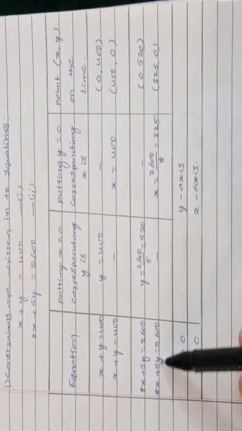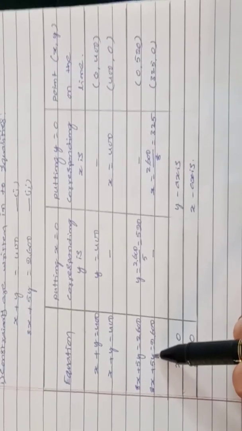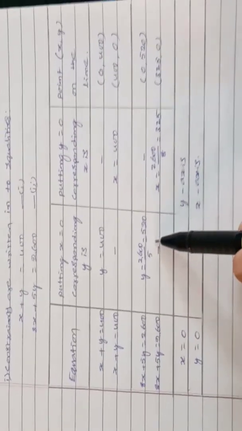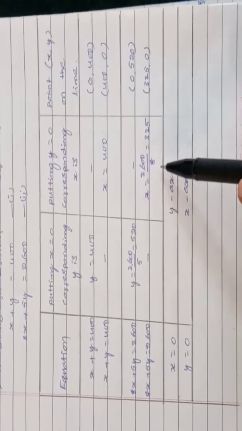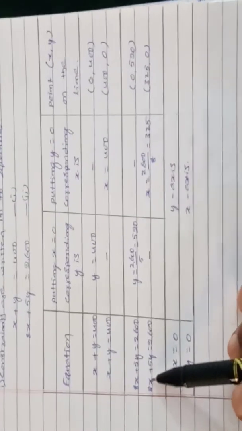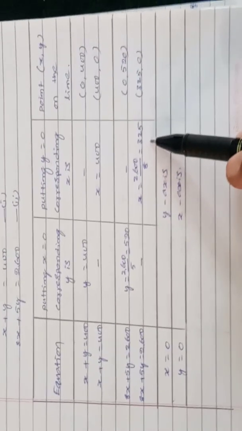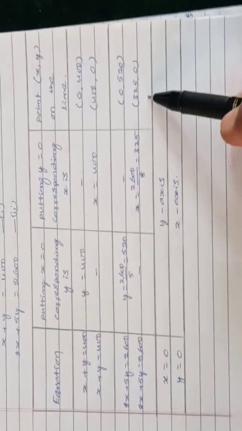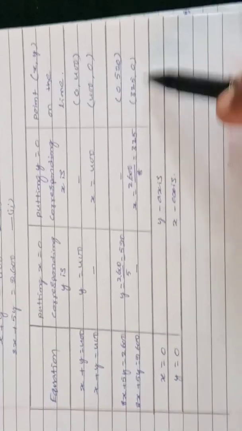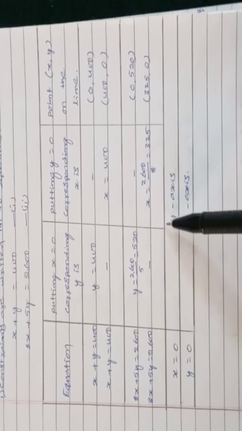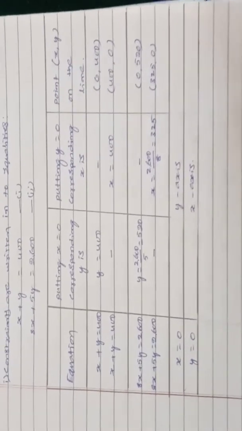Next, in the same equation, where y is 0, x equal to 2600 divided by 8, which comes to 325. Therefore 325, 0 is a point on the line. Take x equal to 0 on the y axis, and y equal to 0 on the x axis. Then draw the graph for this.